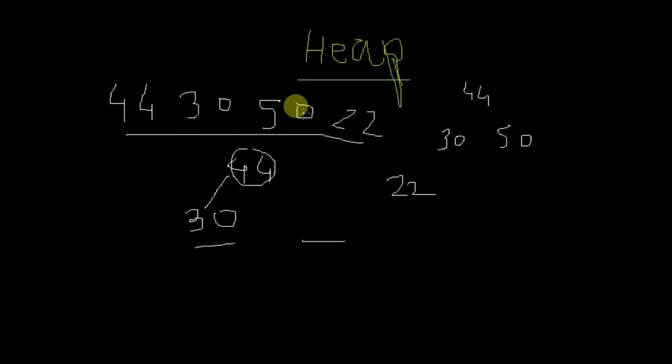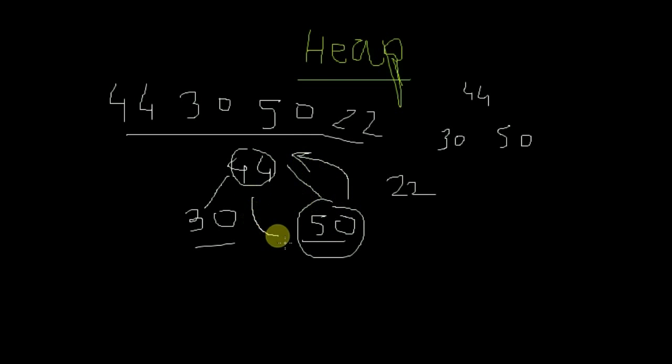Then let's insert the next element, 50. It's inserted here. Now as you can see, 50 is more than 44. It violates the max heap property, so I have to interchange the elements like this.